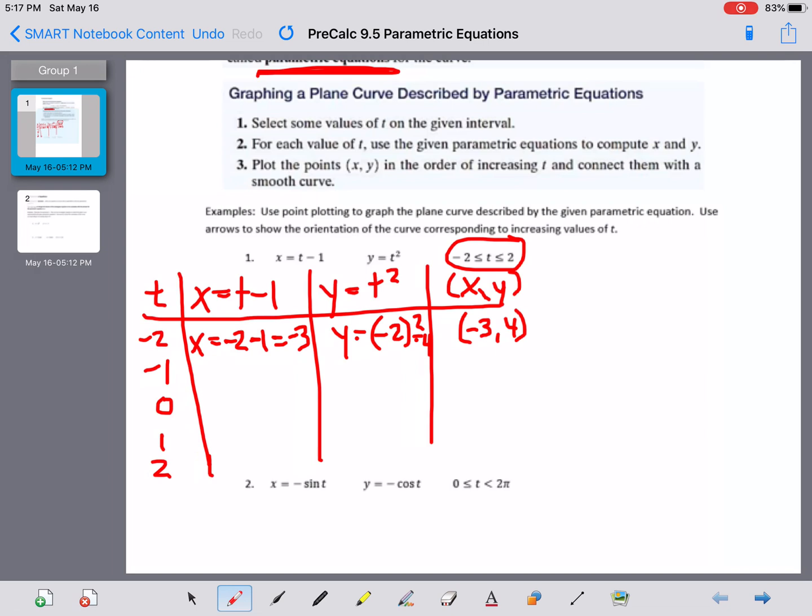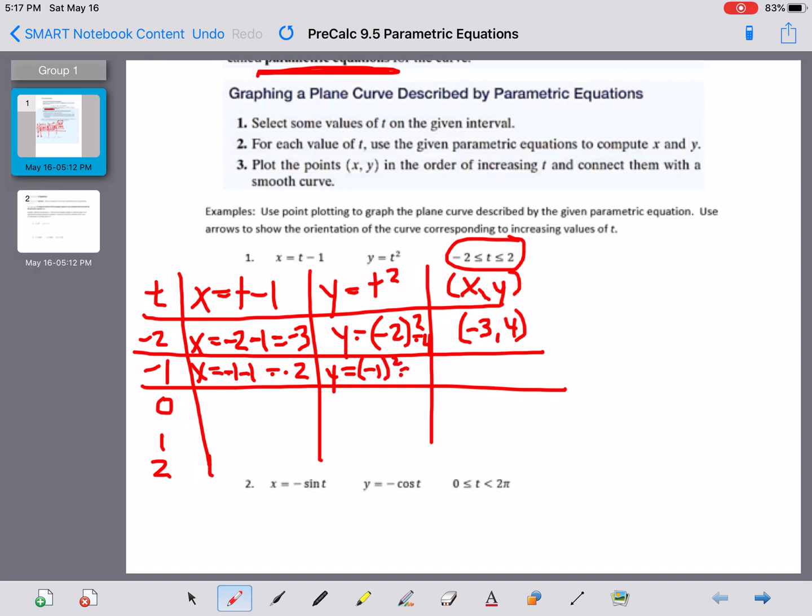Second one, -1. x equals -1 minus 1, which equals -2. y equals -1 squared, which is +1. So I get the ordered pair -2, 1. Plugging in 0, x equals 0 minus 1, which is -1. y equals 0 squared, which is still 0. So I get -1, 0.